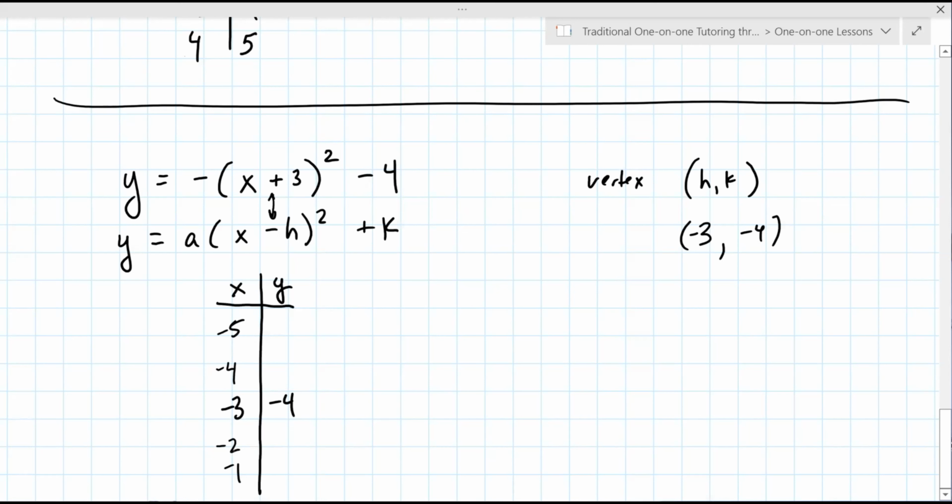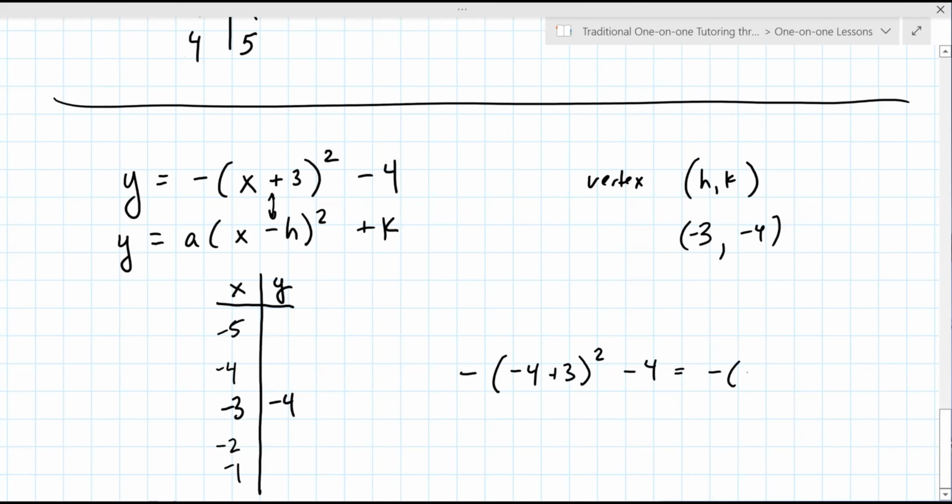All right. So we'll just grab minus 4. So let's put minus 4 into this equation. So it's minus parentheses minus 4 plus 3 squared minus 4. Order of operations, you do the part inside parentheses first. So that's -1. You square it, +1 becomes negative again.